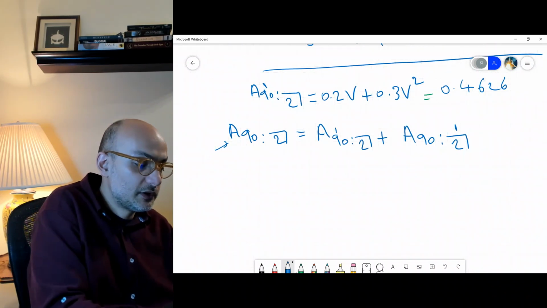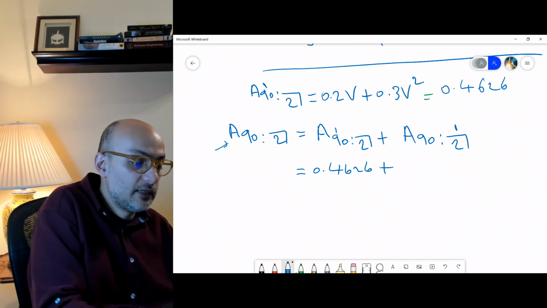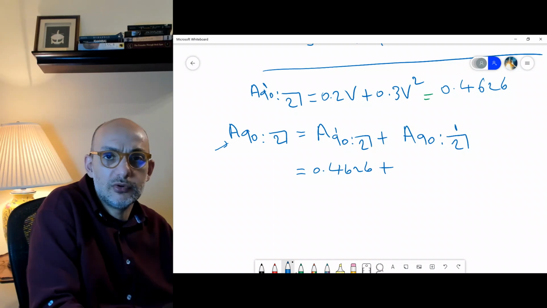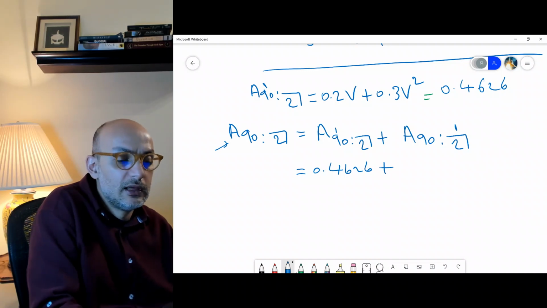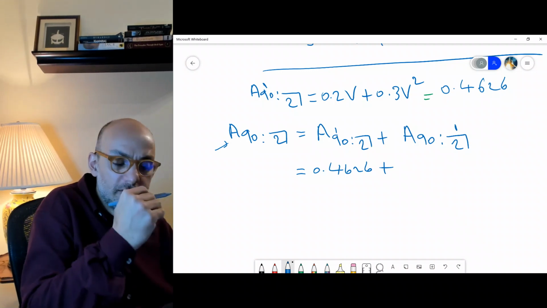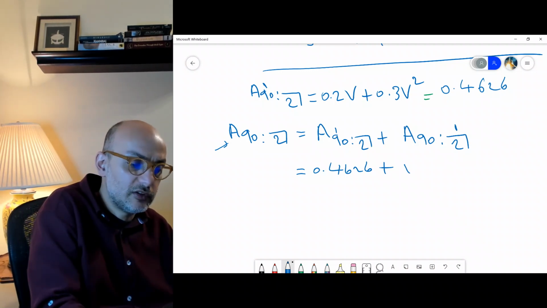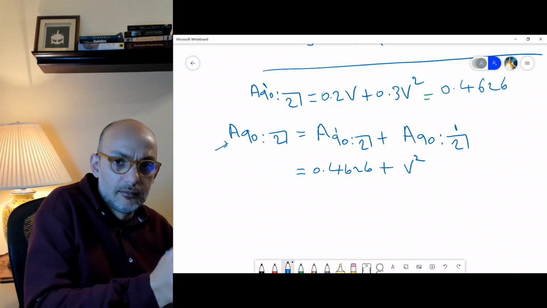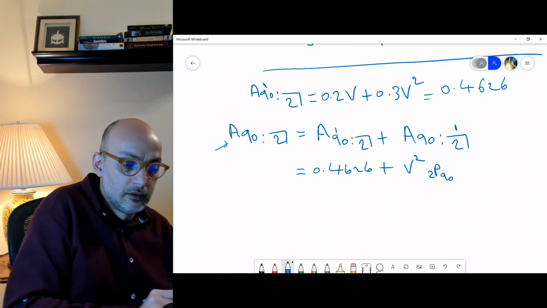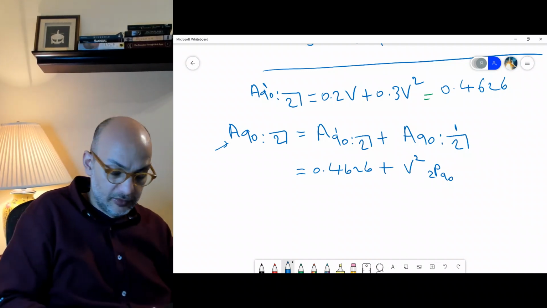This one we already computed to be 0.4626. This one can be done easily. What is this? This is the discounting factor. How we discount in actuarial science is you need to survive as well as you need to discount. So discounting for 2 years, it's easy, V², but surviving 2 years for somebody 90, it's the same, 2P90, survive 2 years, right? It's so easy.